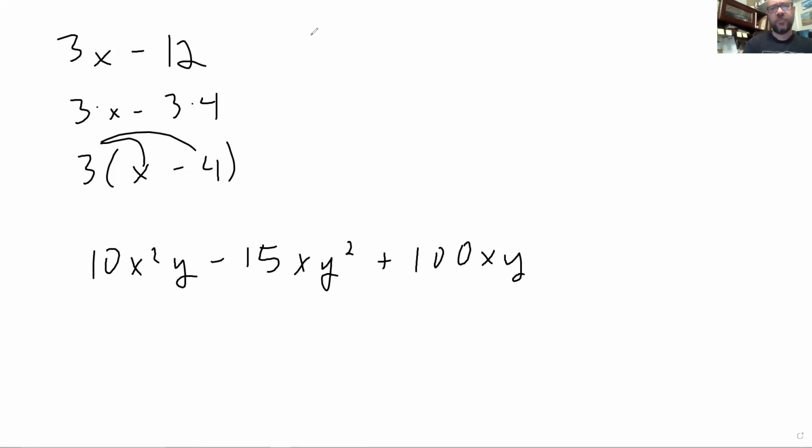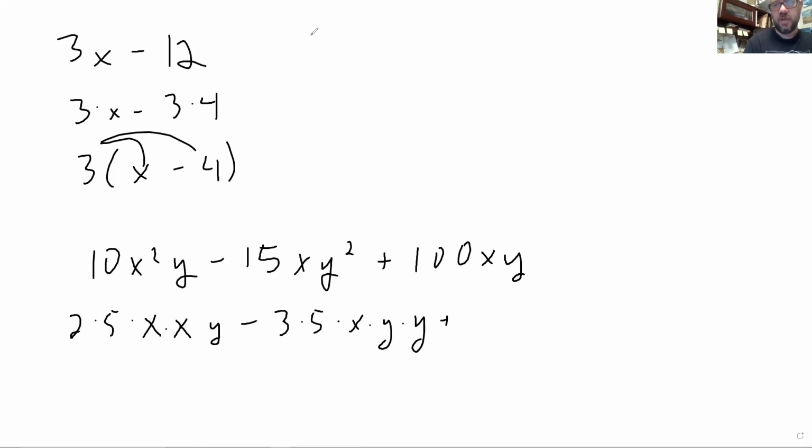And so 10x squared y, bear with me while I write this all out in ridiculous detail. So this is going to be 2 times 5 times x times x times y, and 15, so I'm going to have minus 3 times 5 times x times y times y, plus, and then 100, if you don't know, you can do a factor tree to see it, but it's 2 times 2 times 5 times 5 times x times y.